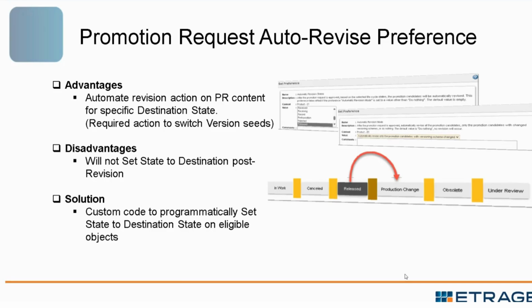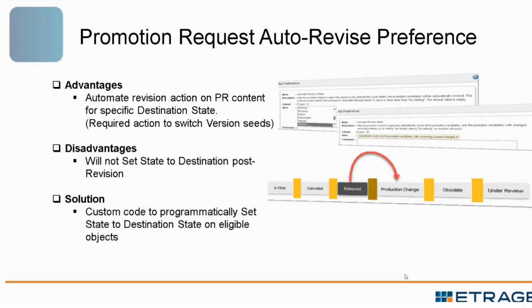The issue is that with the lifecycle you have in place, when the revise action is executed on an object in the release state, typically your transitions will force it to go to a different state. The promotion request doesn't have any intelligence to say, oh, wait a minute, this is an auto revise, so I should set it back to the destination state and not leave it in the current state that it's in. And that's where I implemented code to automate that.